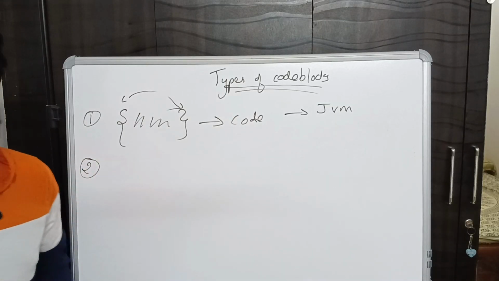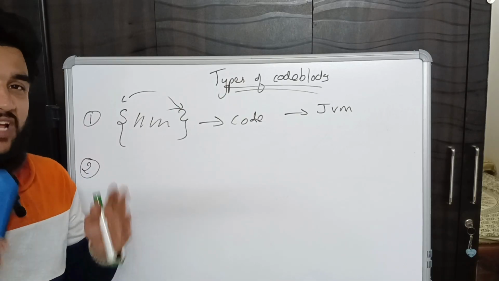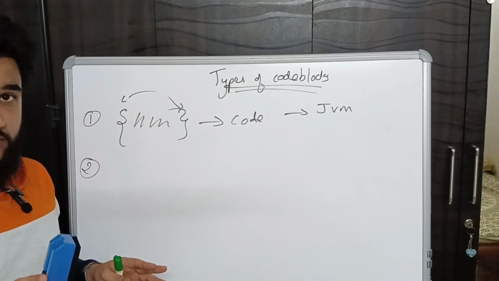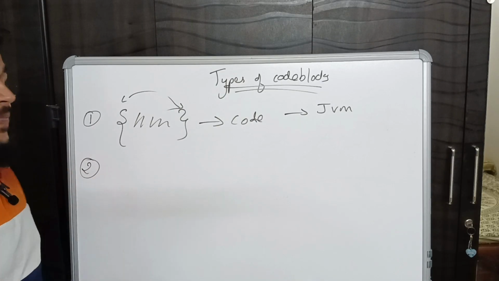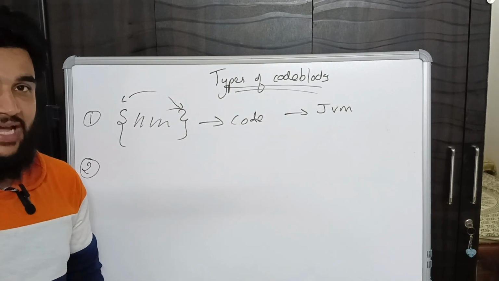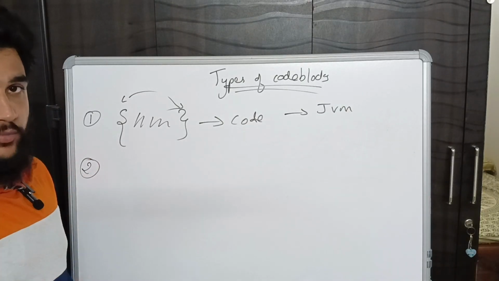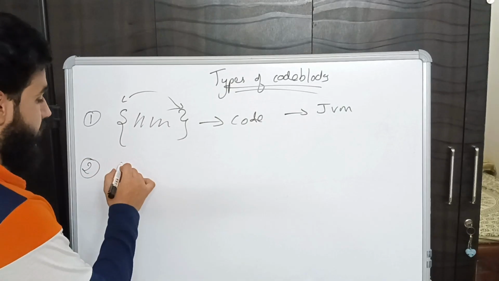The second one is the most important one of all. Why? Because it encapsulates everything which we have discussed. Basically, this is the main container where your code will be present and it will be executed. This code block is called a class.